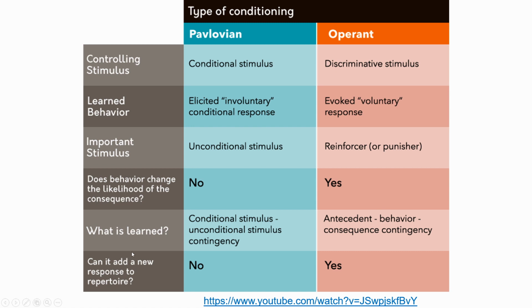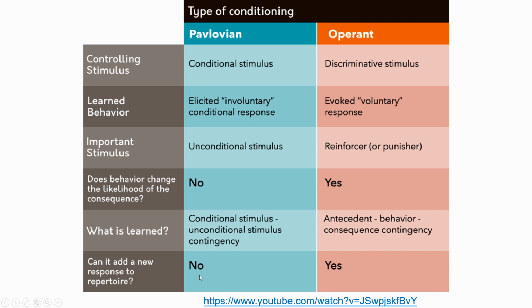When we look at what we've learned in classical conditioning, we've associated our conditional stimulus with our unconditional stimulus. In operant conditioning, we've established that antecedent-behavior-consequence line, or our stimulus-response-outcome trio. So different patterns of learning here. At the bottom, we're asking, can this process add a new response to the repertoire?